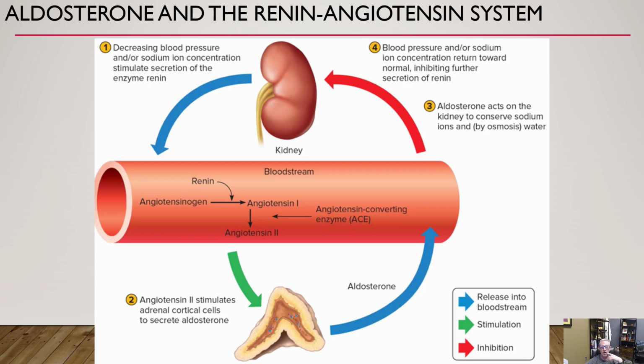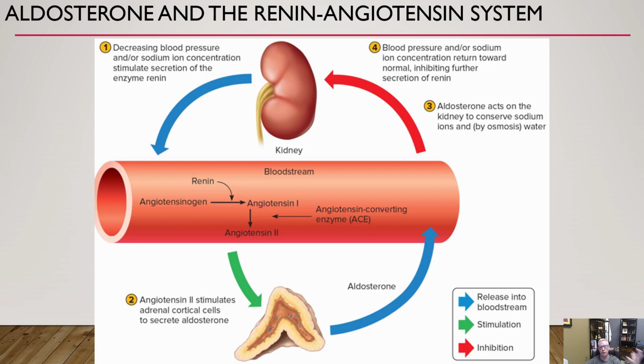And renin converts angiotensinogen to angiotensin 1, which is converted to angiotensin 2 by this enzyme called ACE, or angiotensin converting enzyme. And angiotensin 2 stimulates the adrenocortical cells to secrete aldosterone, and aldosterone is going to then act on the kidney to conserve sodium ions, and therefore water is going to follow sodium.